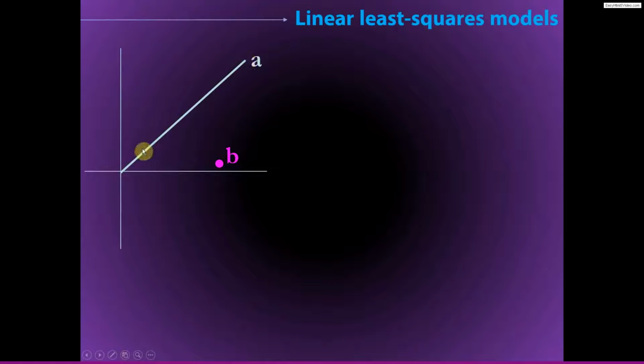We have this line A and this point B. And what we want to do is find the position in A, like the fraction of A or the point on A, that will get us as close to B as we can possibly get while still being on the line. So we just want to find where on A we can get as close to B as possible.